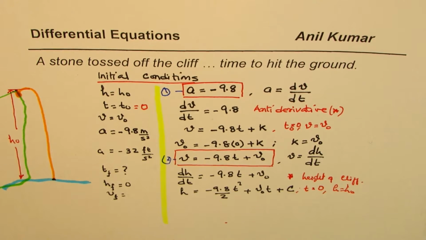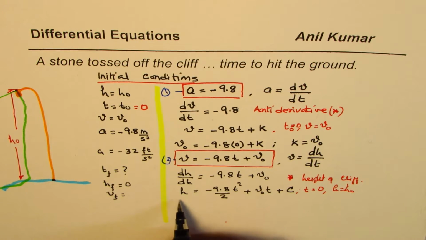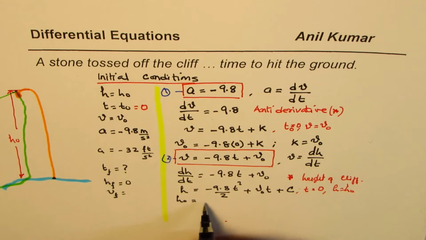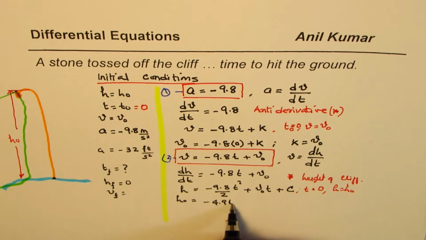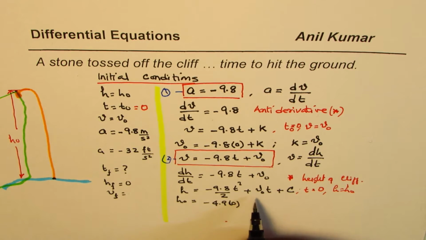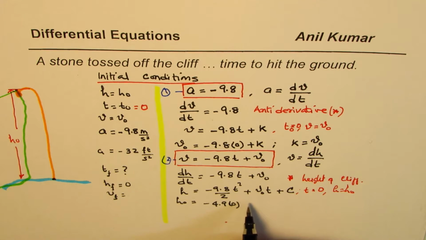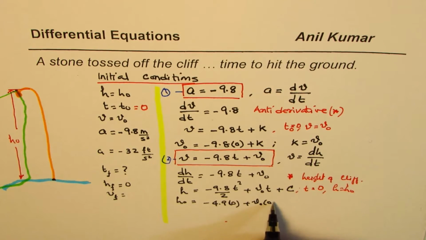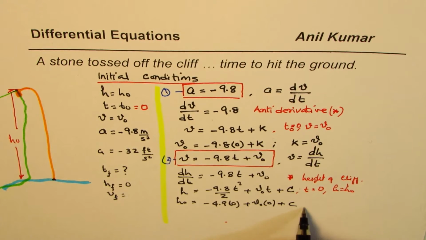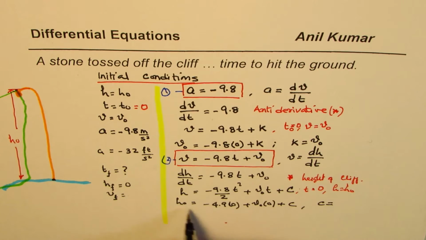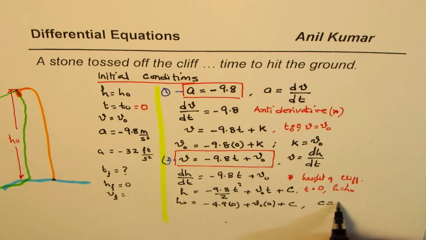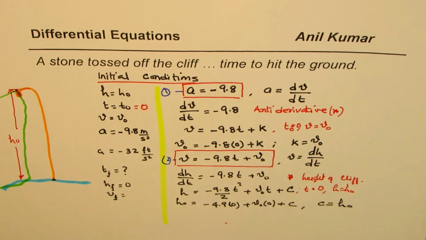Okay, so once you substitute those values here, you get h0 equals to, this is 4.9. Therefore, you always see minus 4.9 in your equations when you're working in meters, MKS units, right? v0 times 0 plus c, and clearly c is equal to the initial height, which is the height of the cliff.